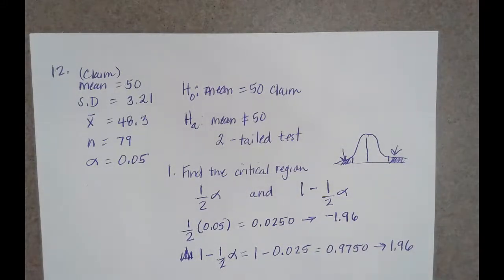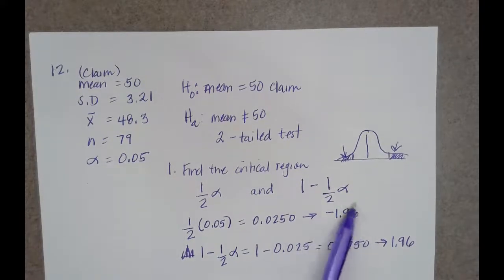So do y'all see, guys, that because we are on two opposite sides of the graph, the critical region is one side on the negatives and one on the positive, okay? So let's keep that in mind. The first thing we had to do, because it was a two-tailed test, was find those critical or rejection regions.